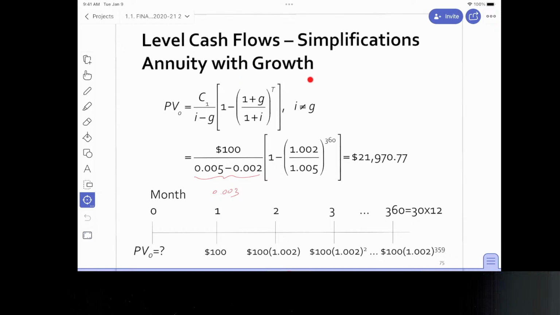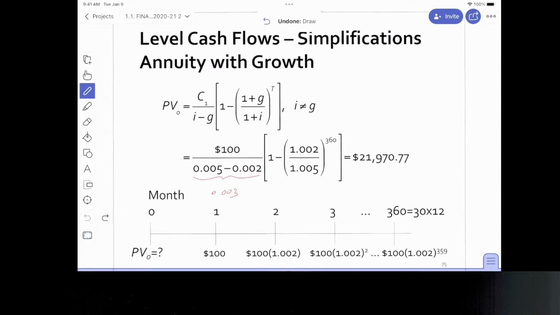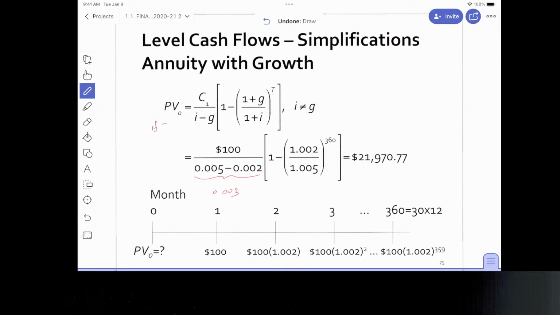simplifications, annuity with growth. This formula only applies when i is not equal to g. So what do we do when i is the same as g? Well, if i equals g, the problem is this will be a 0. And then this will be a 1.